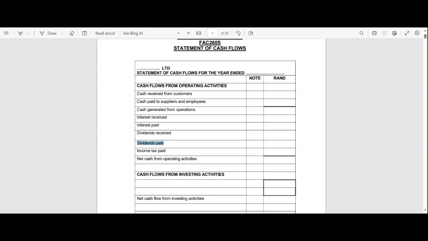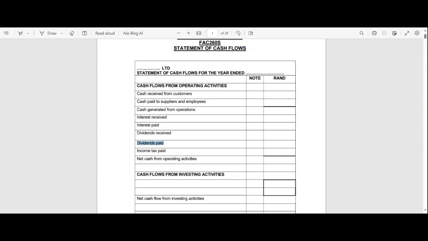And like Angel said, it could be an interim dividend or it could be a final dividend, but at the end of the day, you are going to combine them. So it's going to be, like Mr. Mbana says, your interim dividend plus your final dividend. So all the total dividends that were declared during the course of that financial year. Right. Anyway, so it's your dividends declared.